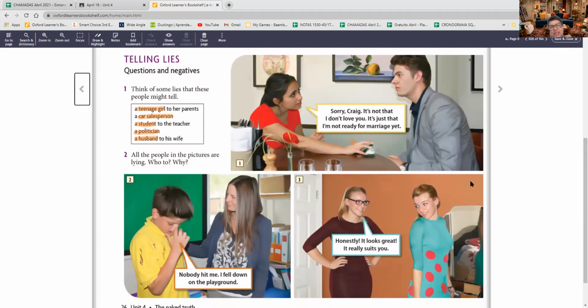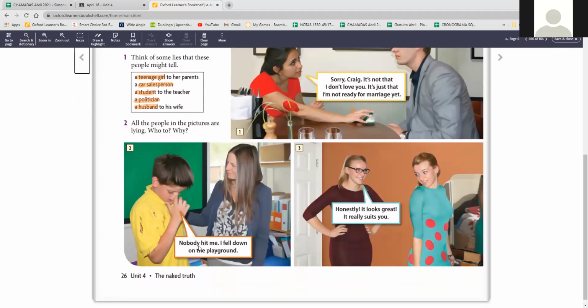Okay. So look at his face. Next one. Nobody hit me. I fell down on the playground. Honestly, it looks great. It really suits you. So they are all telling lies.